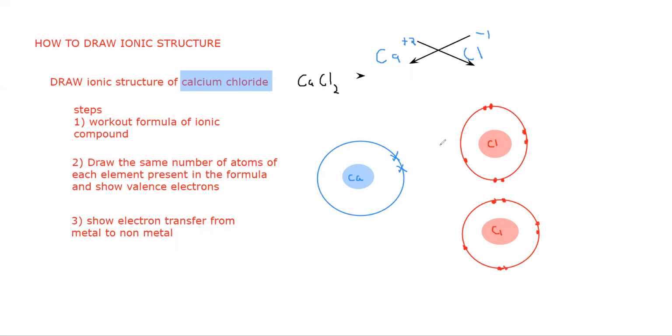So what will happen? One of the electrons will jump here and one of the electrons will jump to another chlorine. So this is electron transfer. I don't have to draw electrons on both sides, just an arrow to show the electron transfer. Means one of the electrons of calcium transfers to one chlorine atom, and the second electron transfers to the second chlorine atom.